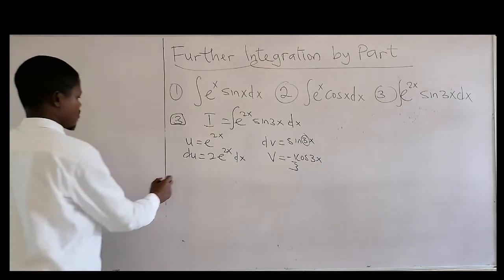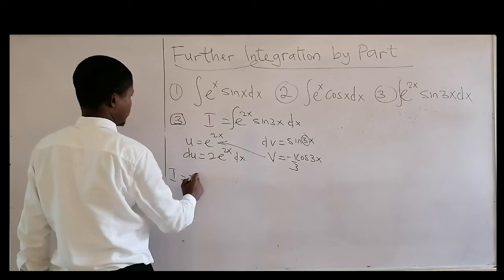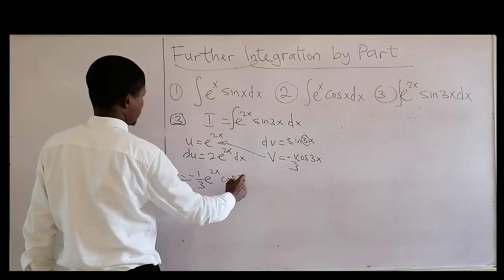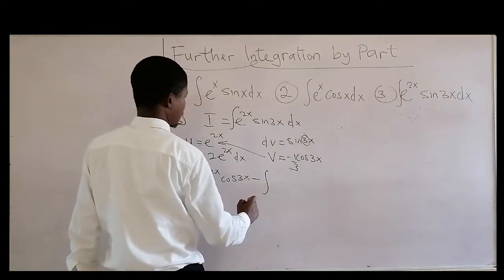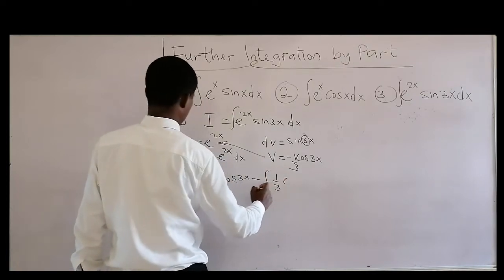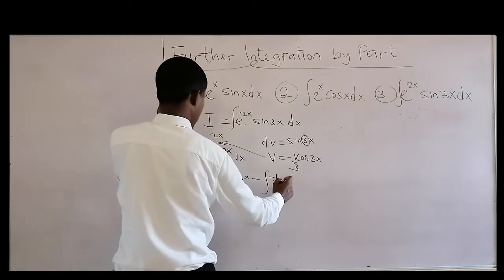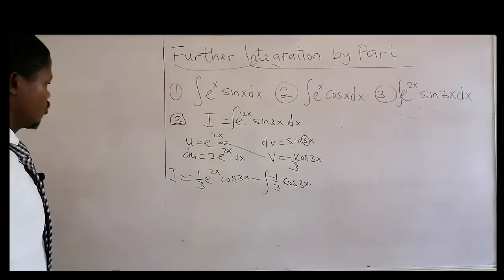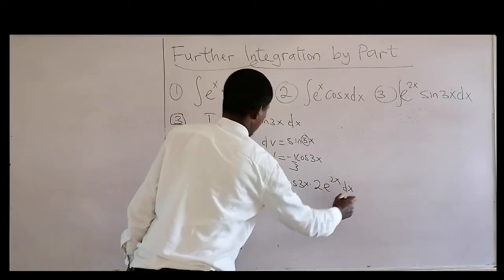So let's substitute. So I equal to uv, minus 1 over 3 e^2x cos 3x. Then minus integral of v, that's 1 over 3 cos 3x, times the du, which is 2 e^2x dx.